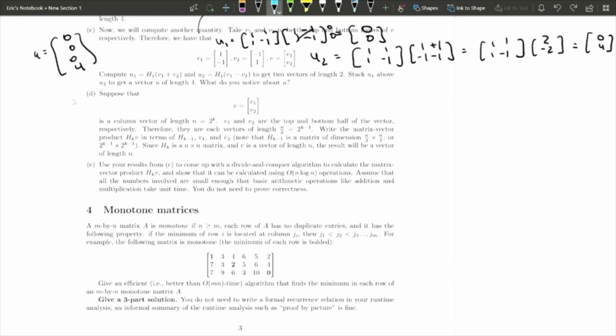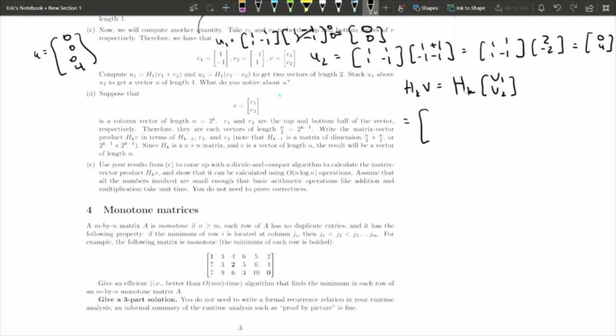Basically, we steal a lot of the work that we've done in the first half. So Hk of v is the same as Hk of v1 over v2. How can we break this down even further?